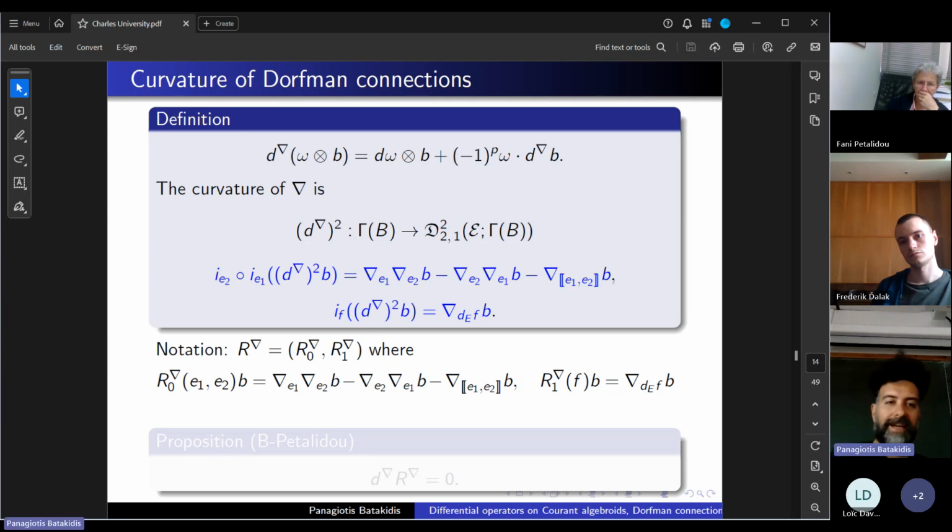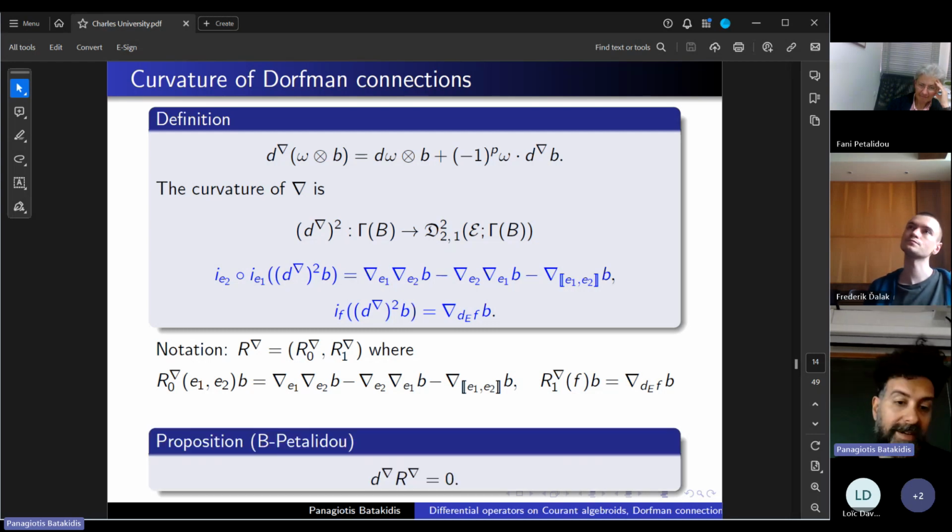The interesting thing is that all your contractions, for E's and F's, give a differential in the space of endomorphisms of B, and so on. You try to mimic ordinary differential geometry, and it's not so obvious, but it is true that you have a Bianchi identity even for objects which are not tensors. They're pretty far away from being tensors.